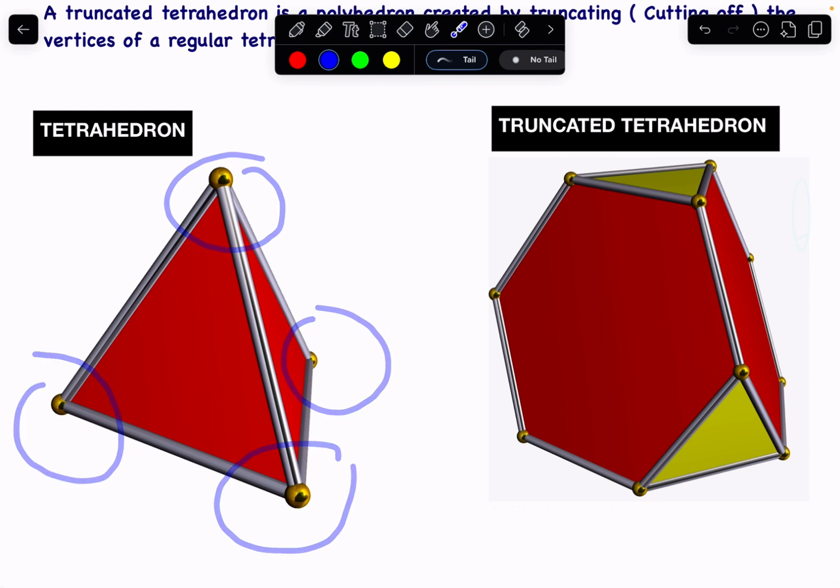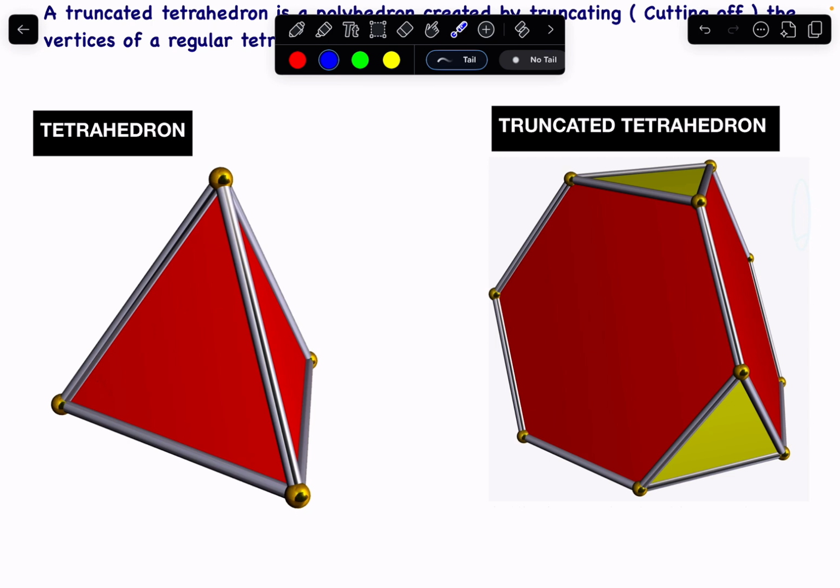Whenever you cut the normal tetrahedron through the corners, you can see this is the corner of a regular tetrahedron. This corner is connecting three edges. As a result, whenever it is truncated like this, at this corner you are going to get a triangular face. At the corner of regular tetrahedron, due to the truncation, you are going to get a triangular face.